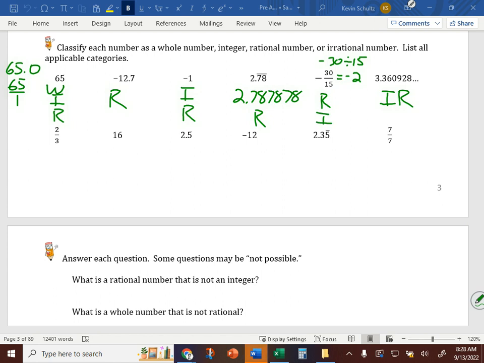It's also going to be an integer. So make sure you're checking for that. One like 2/3, we know it's rational because it's a fraction, but does 2 divided by 3 work out evenly? No. So it's not going to be an integer. It will not be whole.